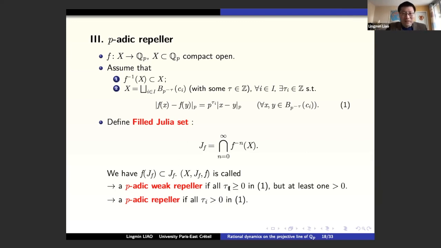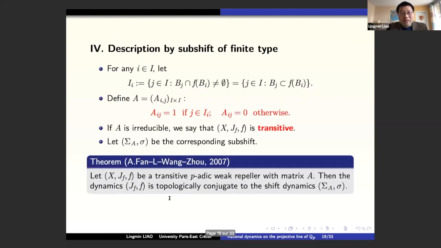So I call this a weaker repeller if you have positive, that means you have expanding, and you have rarely expanding things, at least one strictly positive. But if all are positive, I call this a repeller. So this is my system, and then I can study this system by symbolic dynamics.